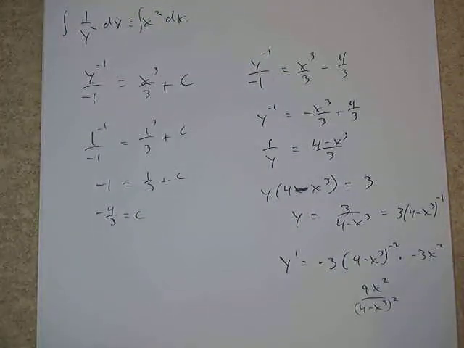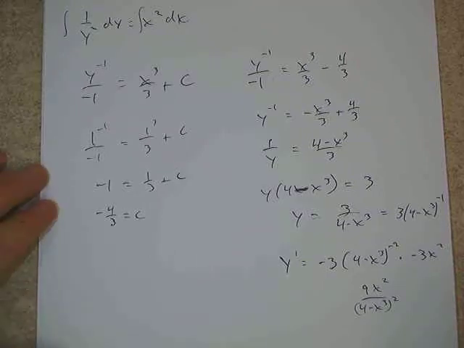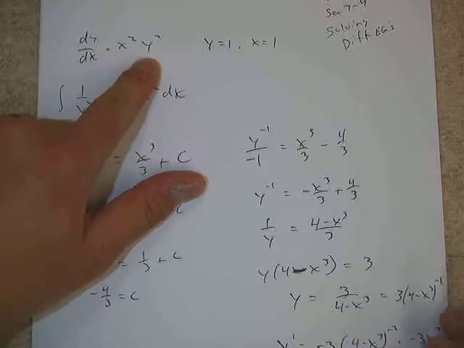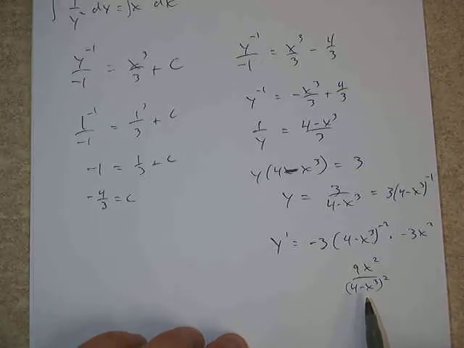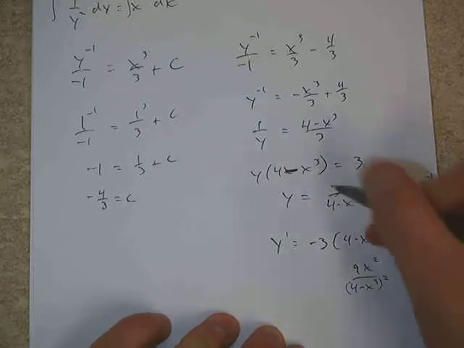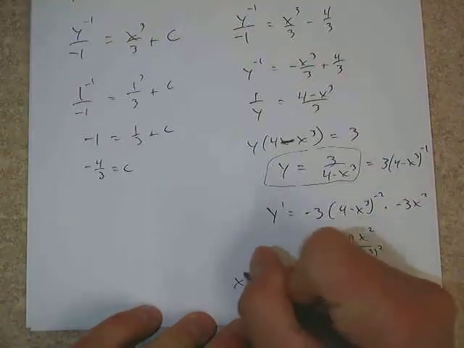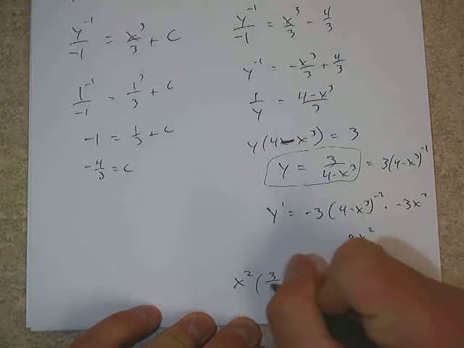So the issue then is whether it is the same as what we have here. Well, we know that this is ultimately x squared times y squared. That was our given derivative. Our question is whether that is the same as x squared times y squared, where our claim was that this right here is y.